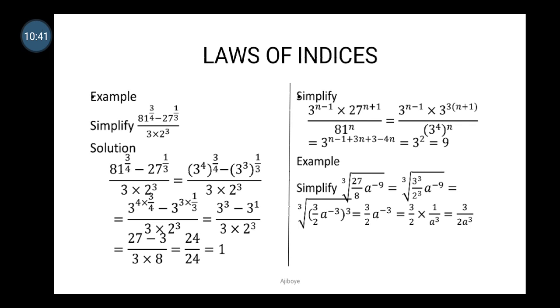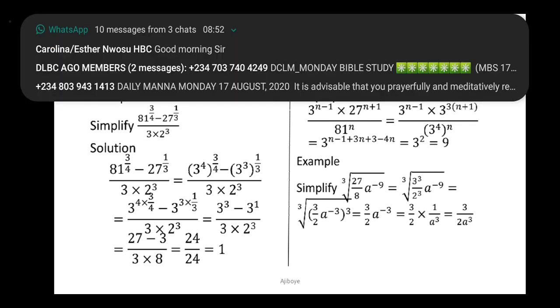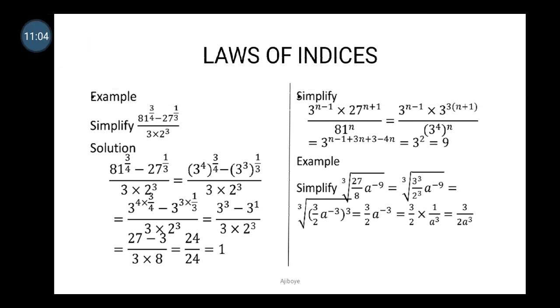So we have minus 3 raised to the power 1, over 3 times 2 raised to the power 3. 3 raised to the power 3 is 27. 3 raised to the power 1 is 3. So we have 27 minus 3 over 3 times 8. 27 minus 3 is 24, and 3 times 8 is 24. So 24 over 24 is equal to 1.